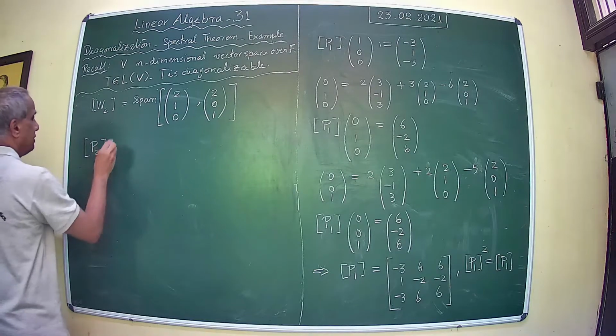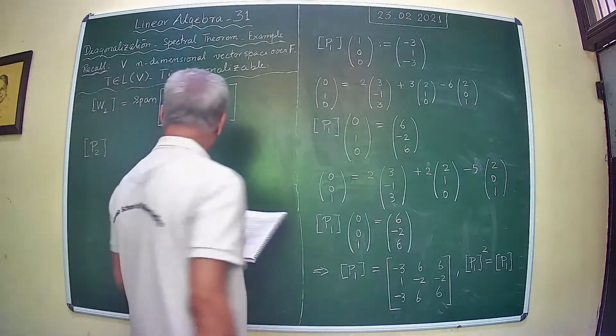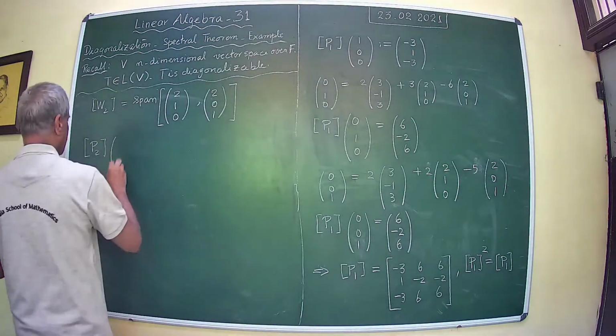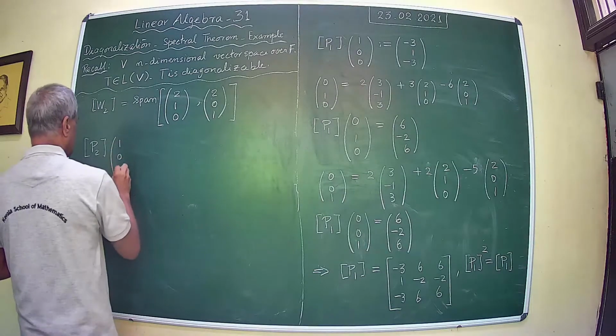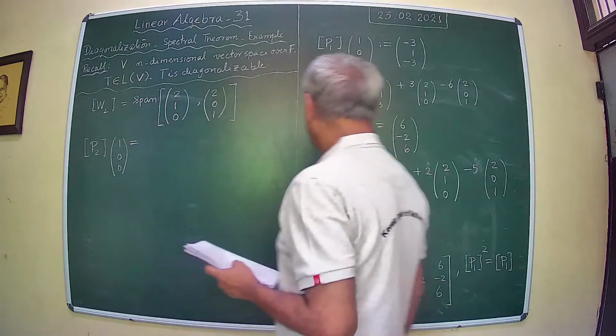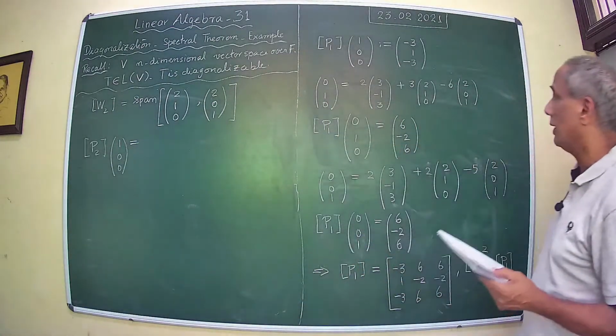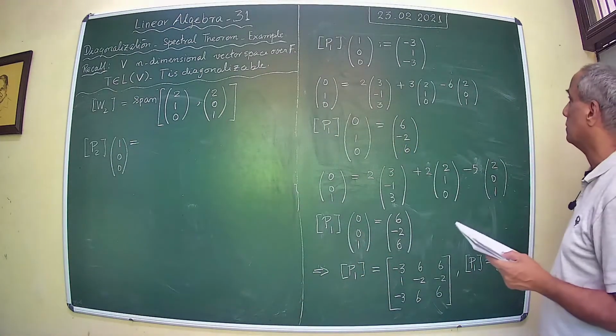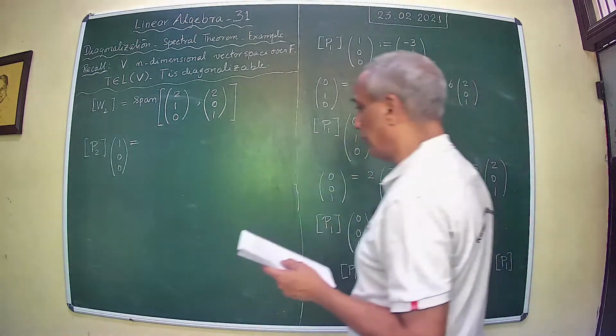P2 is the projection onto W2. So P2 of 1 0 0 is equal to the following. Now you recall the map that you have.